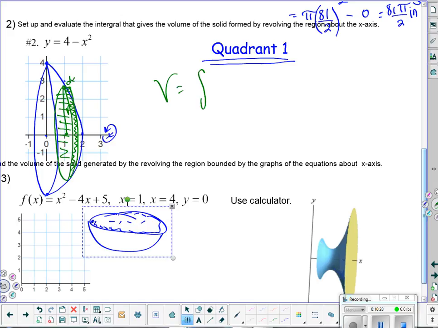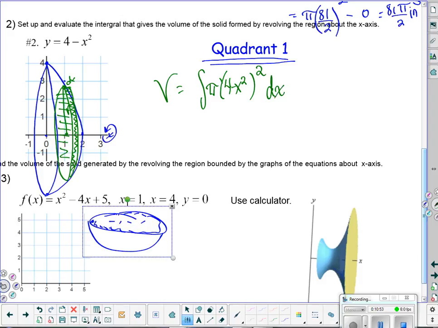formula. Volume is pi r squared, and our r squared is going to be 4 minus x squared. Yeah, this upper blue bound determines the length of the radius. So we have 4 minus x squared, quantity squared, because it's pi r squared, and then multiplied by the thickness, dx.